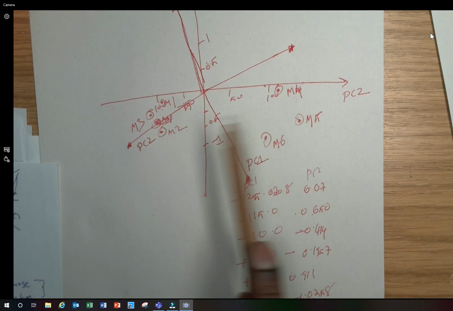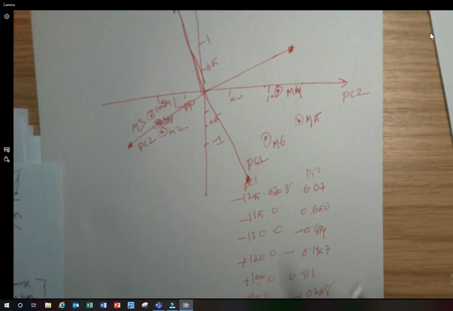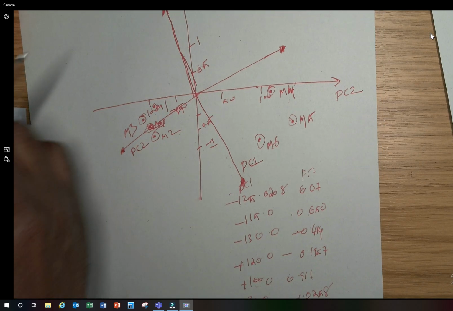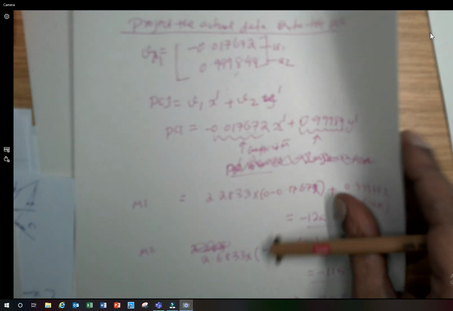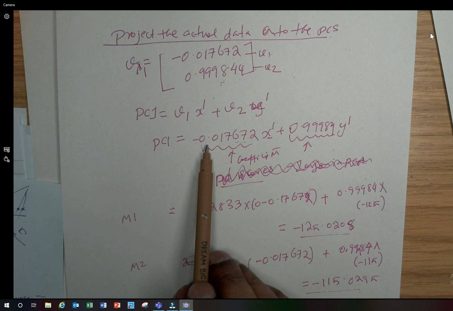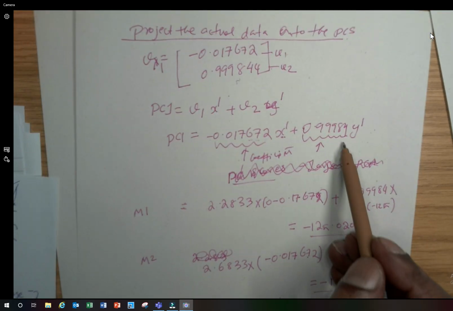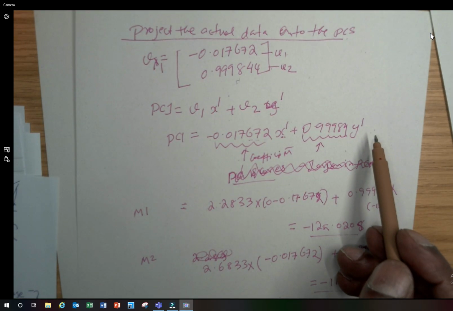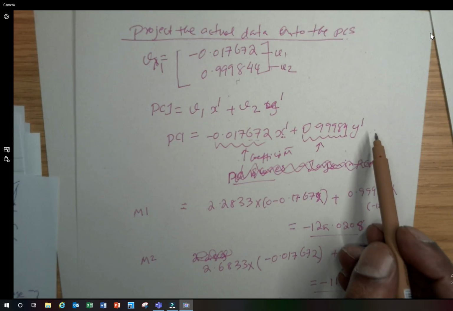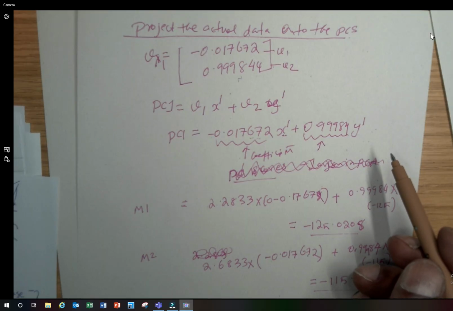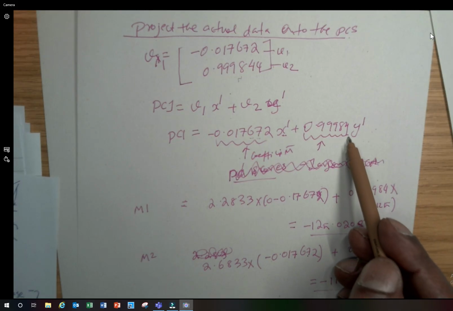So we clearly see some classification of the different materials. And then if we take the PC1 alone, if you go back to the problem where we calculated the PC1, let me try to find the paper. So what does this value mean? If you go to the PC1, you have a minus number, and then you have a positive number which is here.